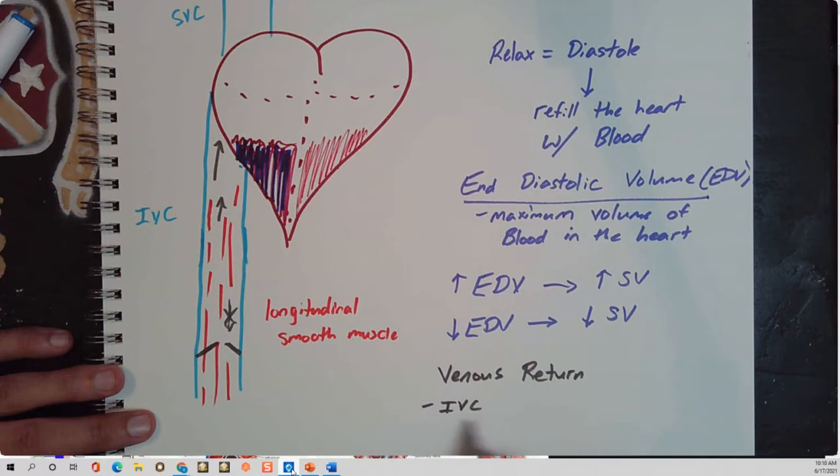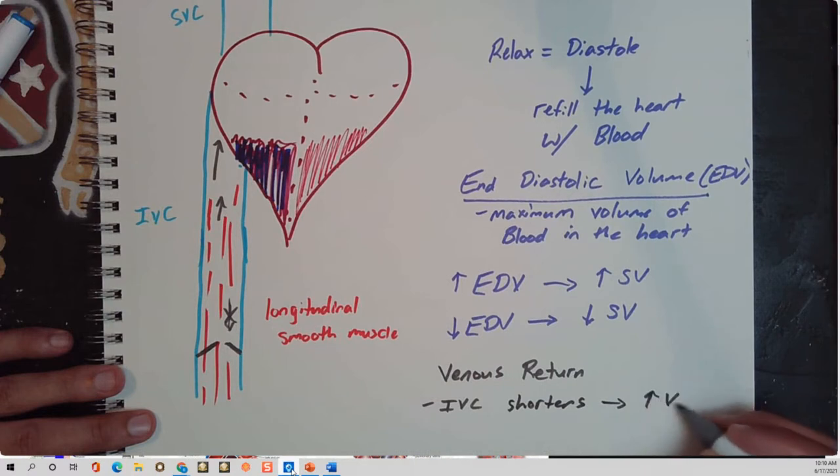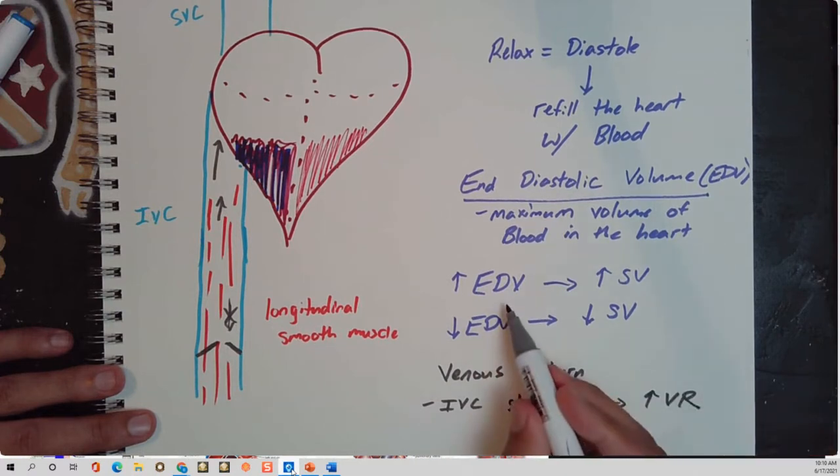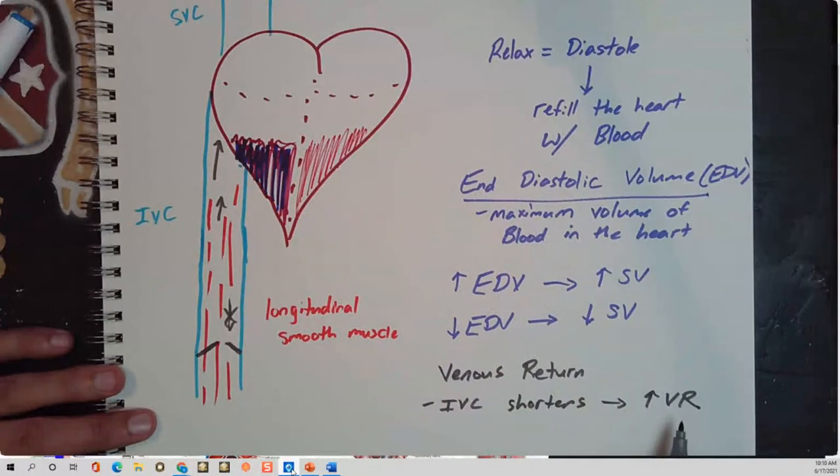So the IVC shortens, and what that does is it's going to increase the venous return into the heart. And if I increase the venous return, what's going to happen to the end diastolic volume? Increase, decrease, no change. More blood's entering the heart. Therefore, the end diastolic volume would also increase. Does that make sense? And as long as I increase that EDV, what's going to happen to that stroke volume?